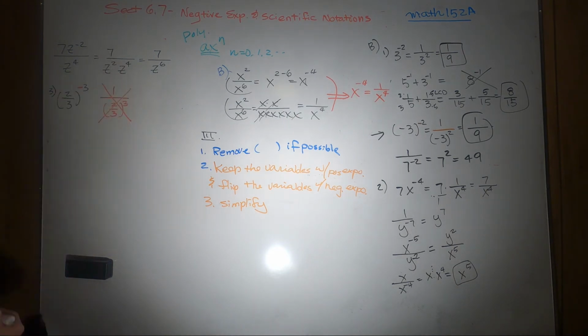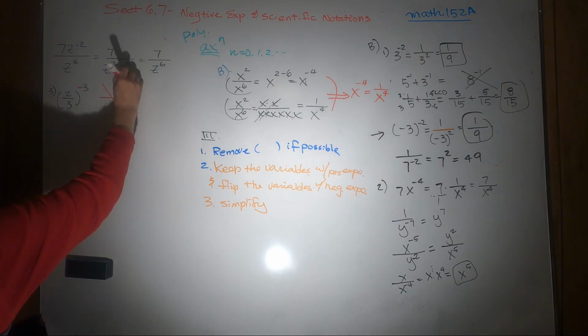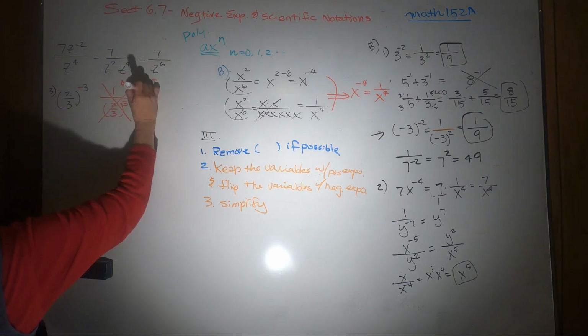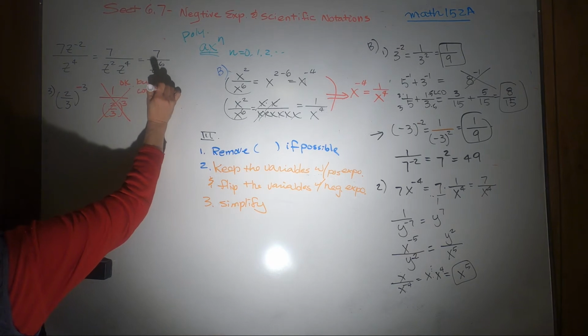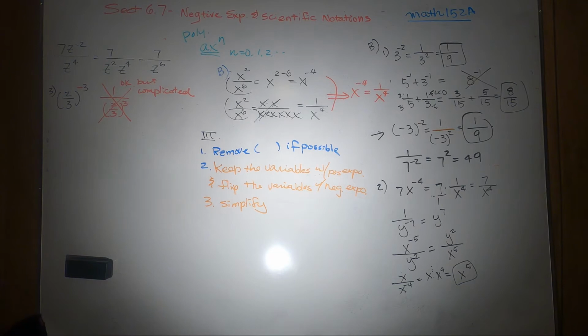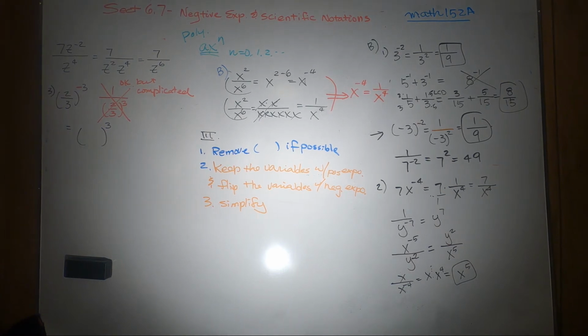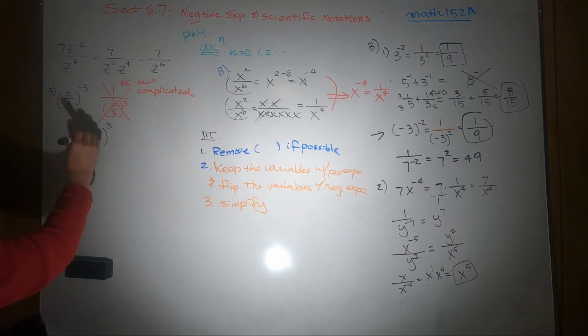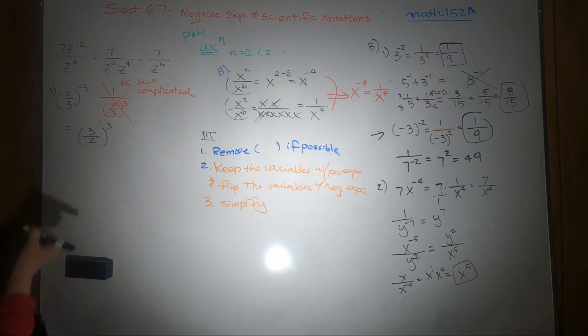It's okay, but complicated. So we can do a simpler way. Since this is negative, it means what? Reciprocal. We can just flip the inside. What's the reciprocal of 2/3? 3/2. Right? We can just do that directly.